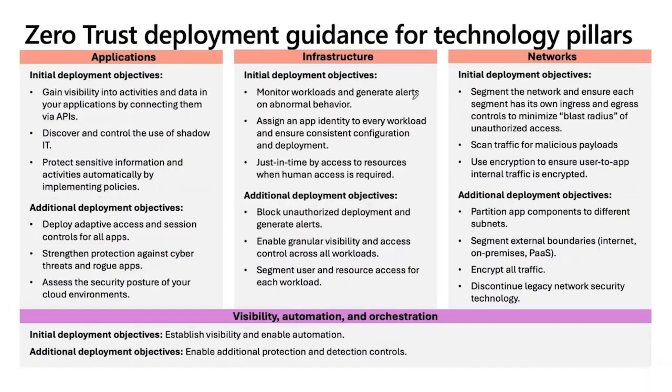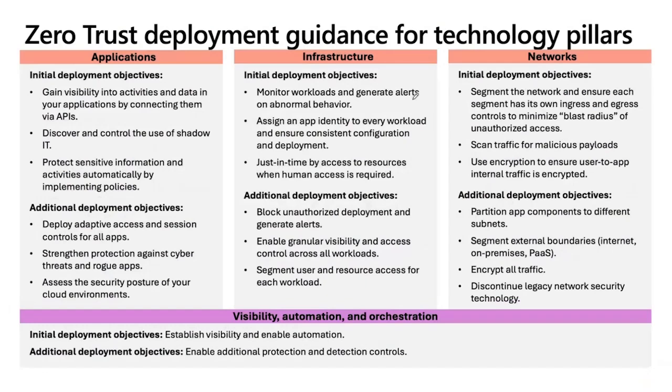Then we have network. In network, we can segment the network, especially to stop or minimize the blast radius. We can also keep scanning for malicious traffic and payload.